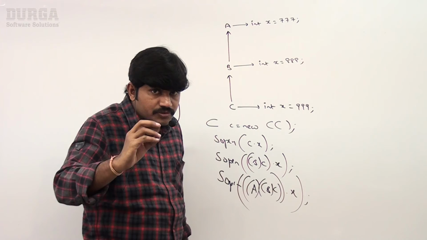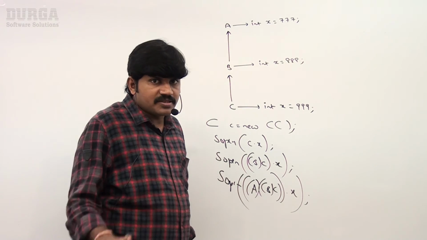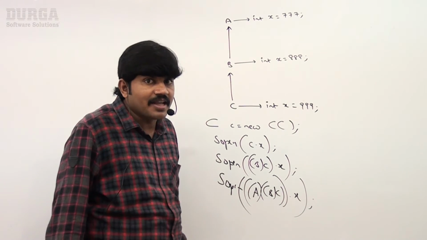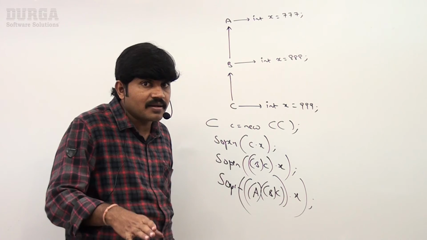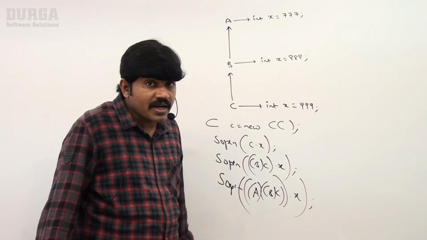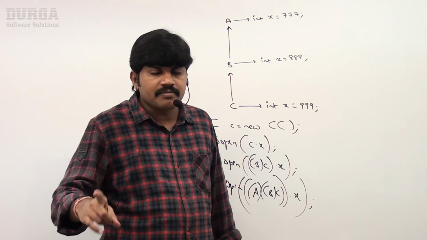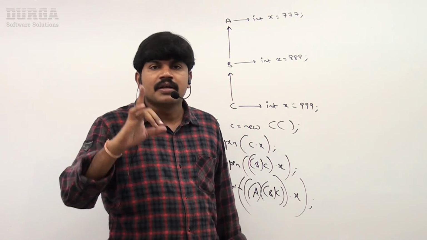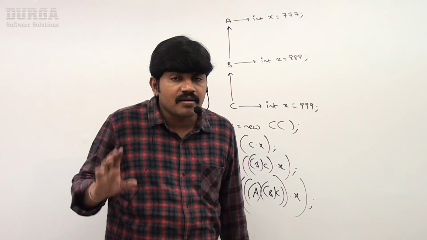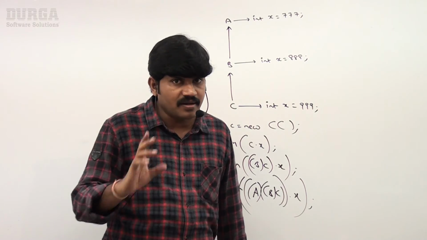Variable resolution is always based on reference type, but not based on the runtime object. The overriding concept is not applicable for variables. Variable resolution is always taken care of by the compiler based on reference type, and it never worries about the runtime object.